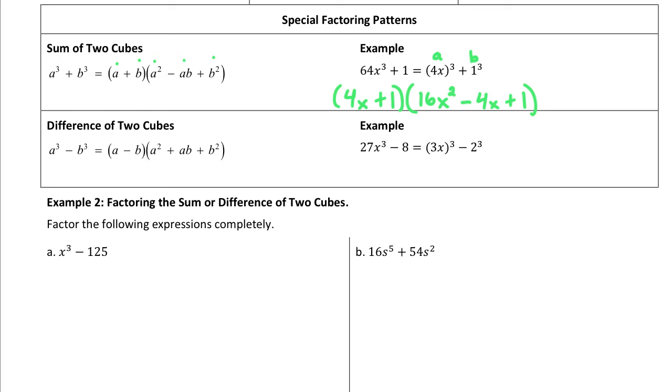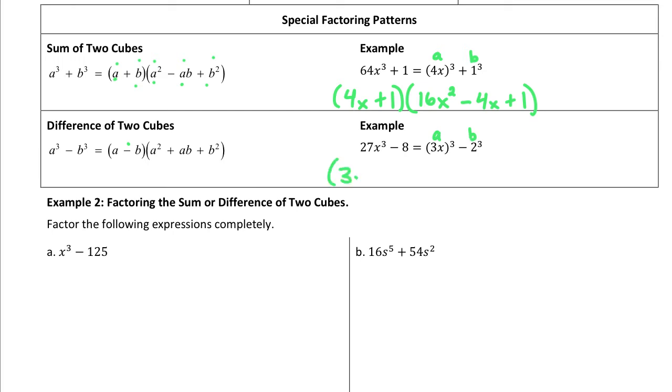Essentially, once you find out what the A and B values are, you apply this pattern to the second factor. So in this next one, the difference of two cubes, the only difference here is we subtract in the beginning. In this case, 3x is A and 2 is B in this pattern.